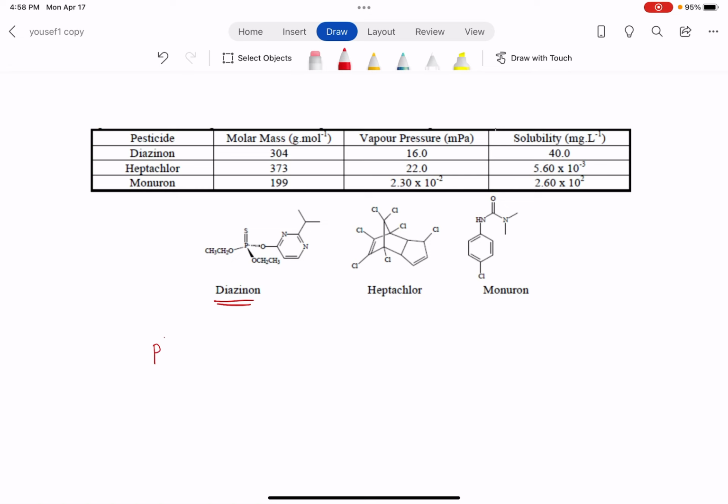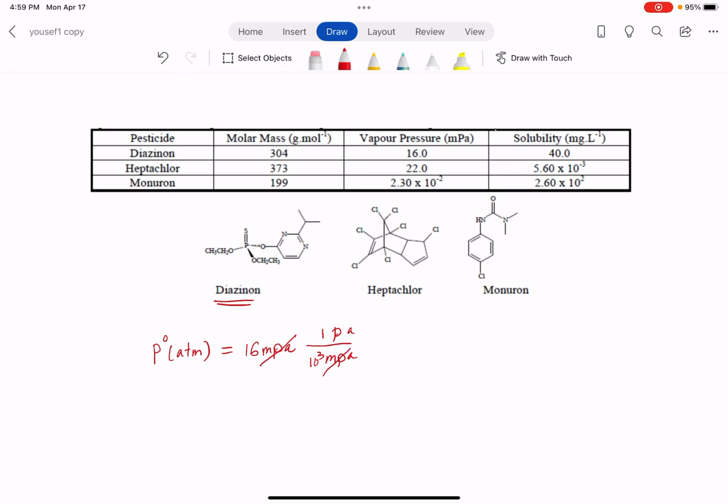So pressure in atmospheric is equal to 16, and let's see, millipascal to pascal. Remember, 1 pascal is equal to 1000 millipascal, and then milli with milli cancels, you end up with pascal.